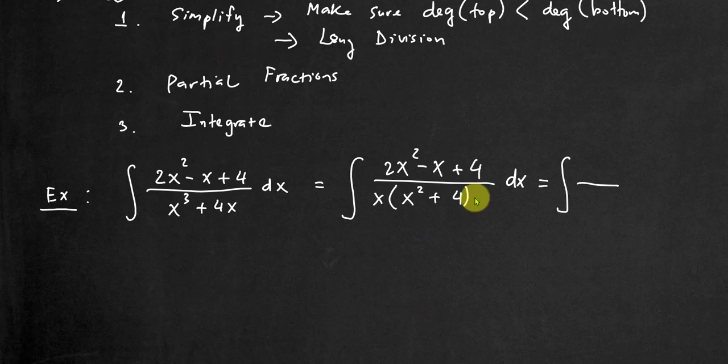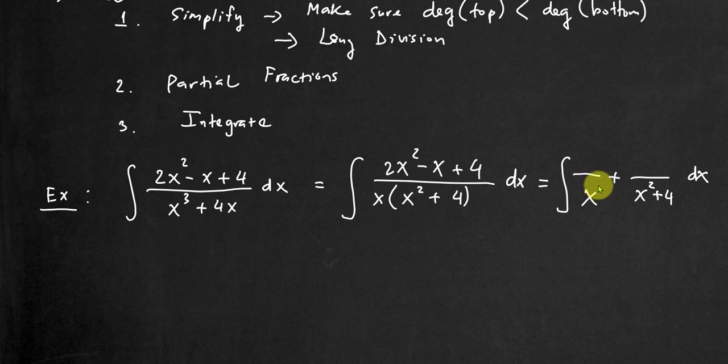Split this into the integral with the x, added to another fraction that has the factor of x squared plus 4, and then dx.